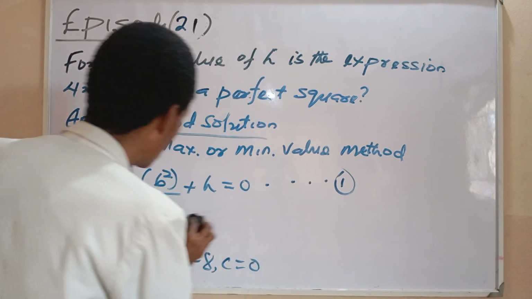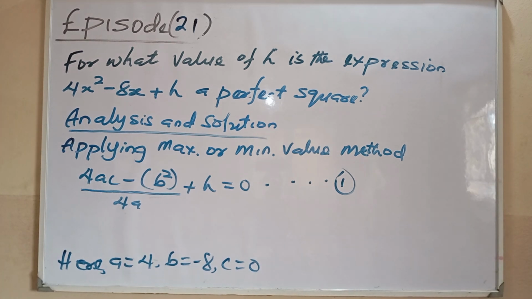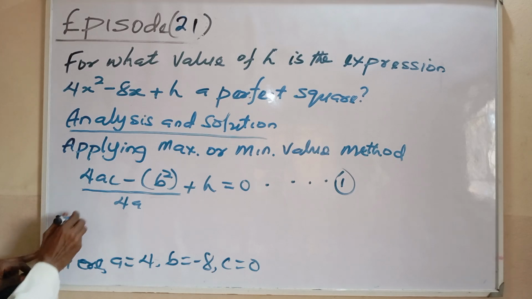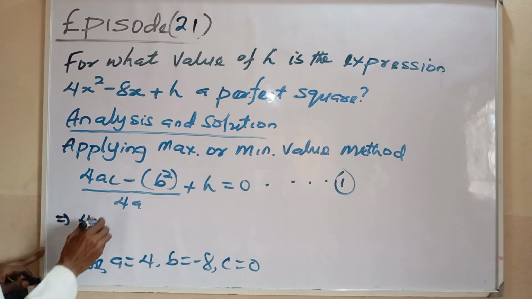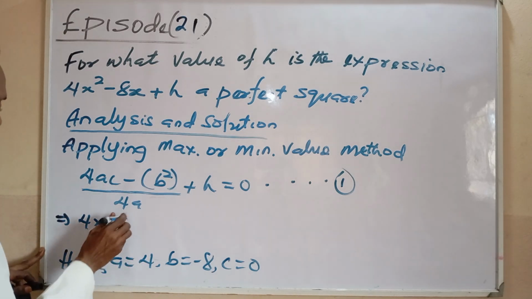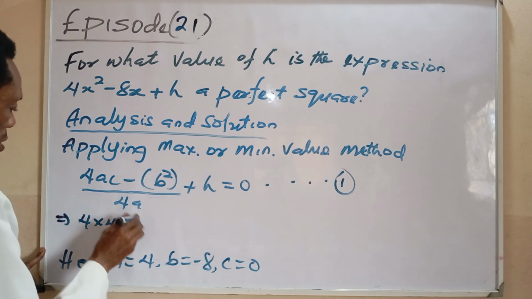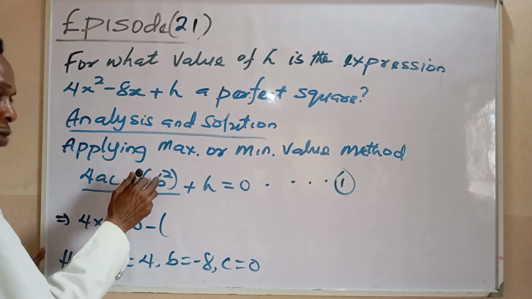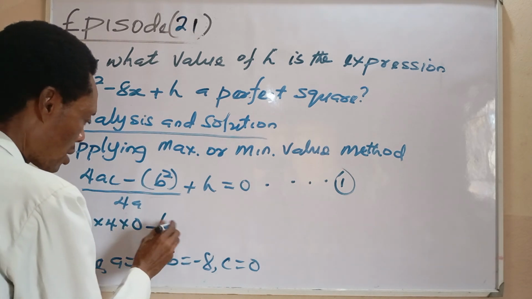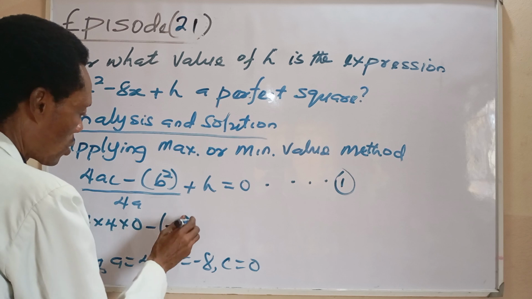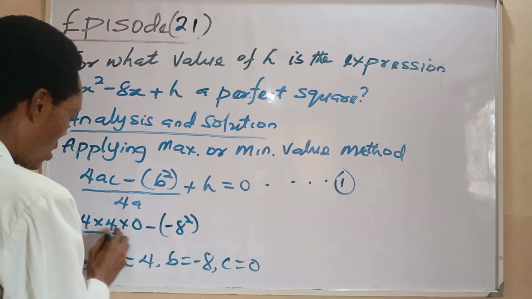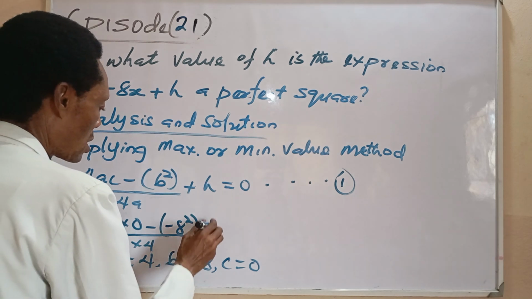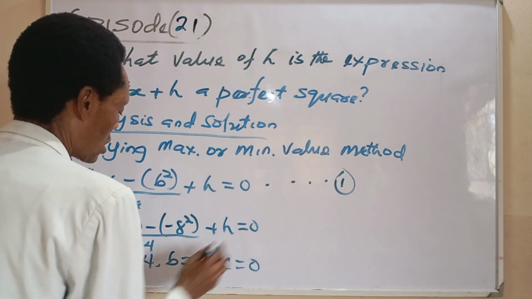It implies that 4 times a, which is 4, times c, which is 0, minus, with b squared in brackets, minus 8 squared, all over 4 times 4. Then this plus h equals 0.